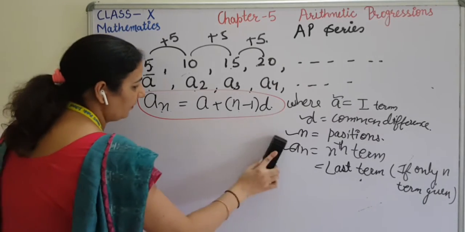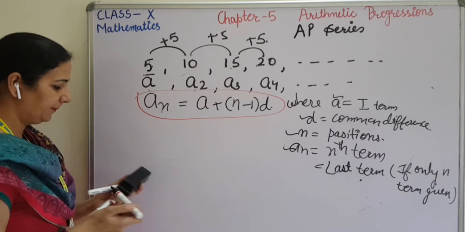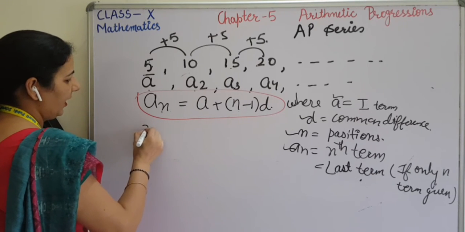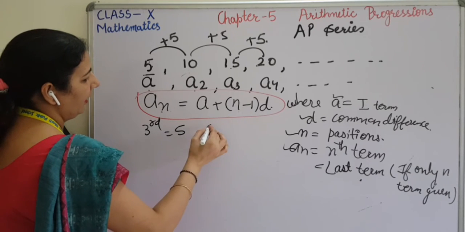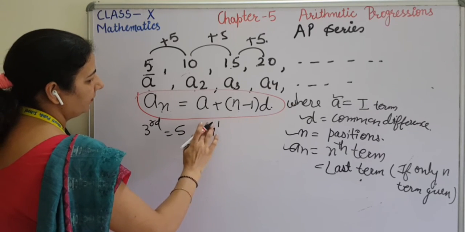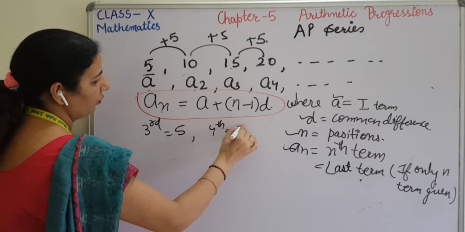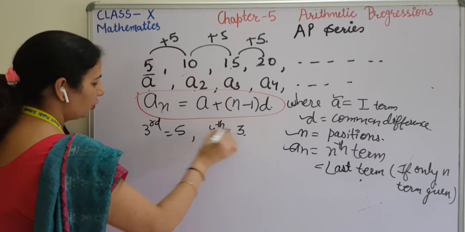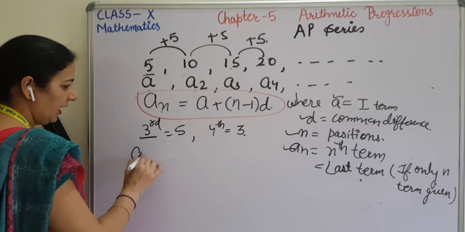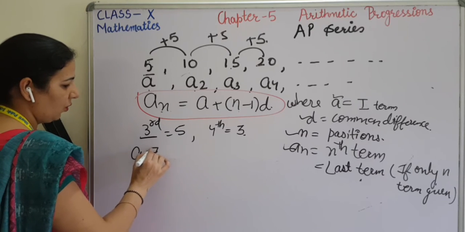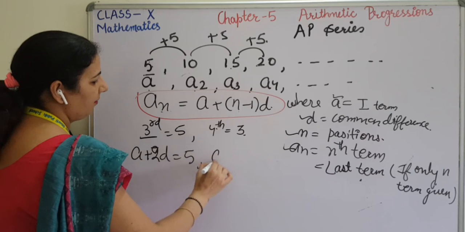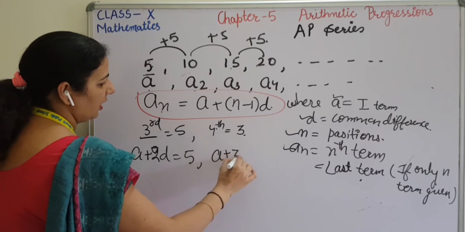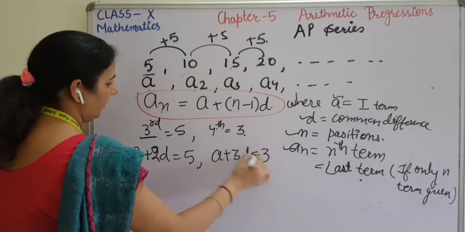And if you want to calculate, like they have given third term is equal to 5 and fourth term is equal to 3, then third term means A plus 2D is equal to 5, and fourth term means A plus 3D is equal to 3.